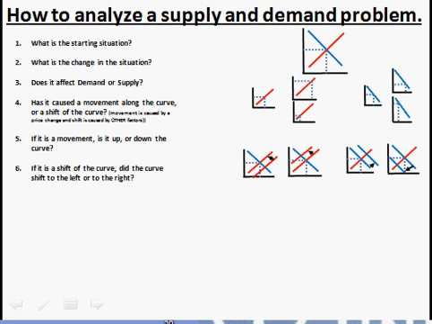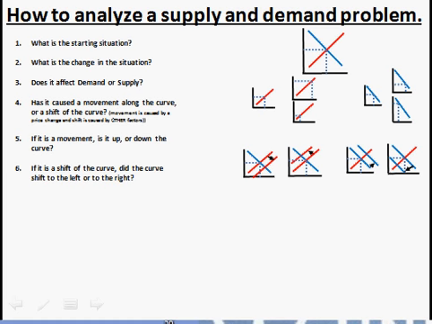Is that shift to the left or to the right? If a demand curve shifts to the right, more will be demanded at every price. If it's a shift to the left, less will be demanded at every price. If it is the supply curve shifting to the right, more will be supplied at every price. If it's a shift to the left, less will be supplied at every price.